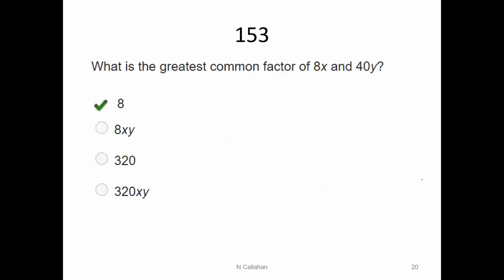All right, 153. This is a little bit different. What is the greatest common factor of 8 and 40? So you want to highlight the words common factor. And what it's asking you is, what is the biggest number that can divide into 8 and 40?